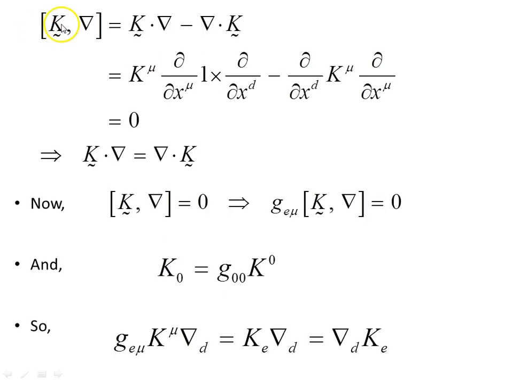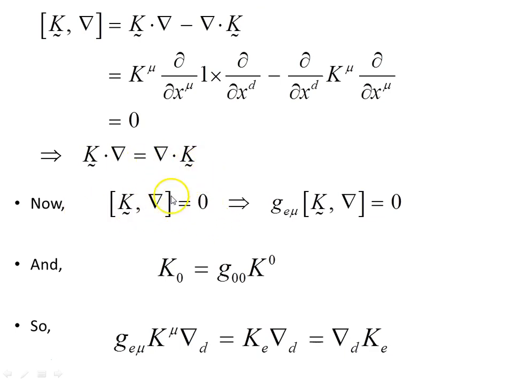Alright, so the commutator of the Killing vector and the covariant derivative, k dot del minus del dot k, we put that in here, times 1 times d/dx^d, there was only a 1 outside of d/dx^d for del here, at a point P, minus this. Well, we've already seen that this goes to 0, the whole thing, and so that implies that k dot del is del dot k.